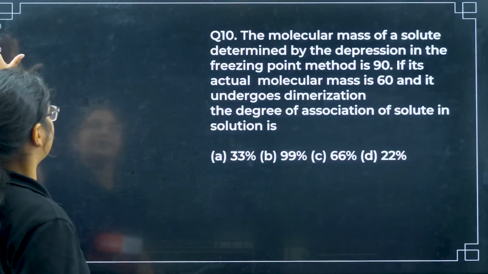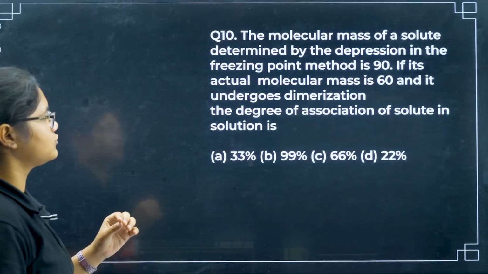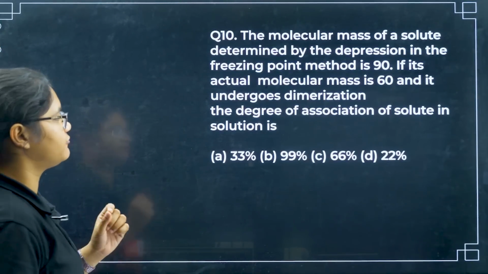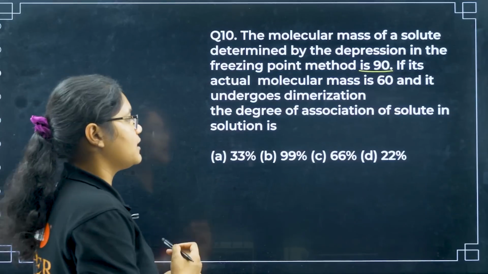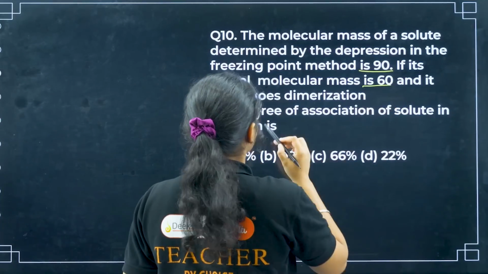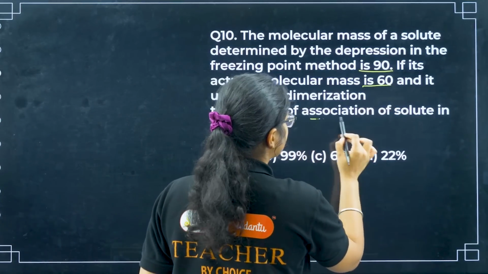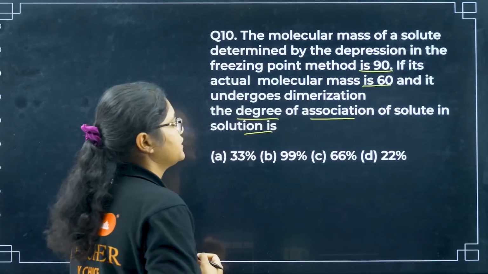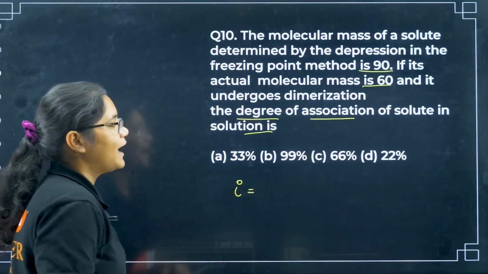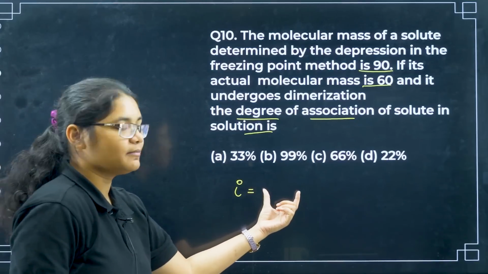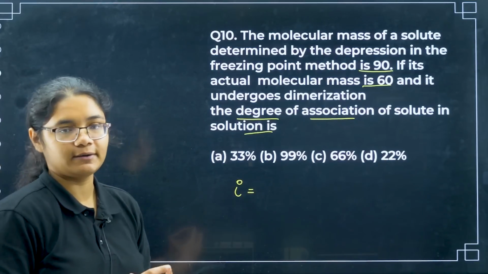Next, the molecular mass of a solute determined by the depression in freezing point method was 90. If its actual molecular mass is 60, and it undergoes dimerization, then the degree of association of the solution is? If you remember, the I value is the actual molar mass divided by the calculated molar mass.